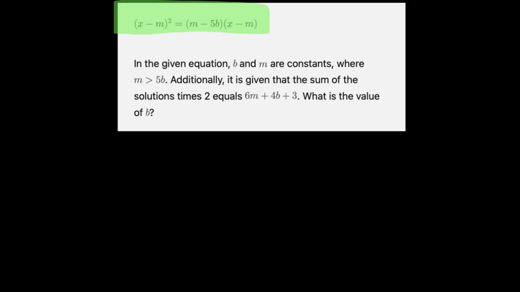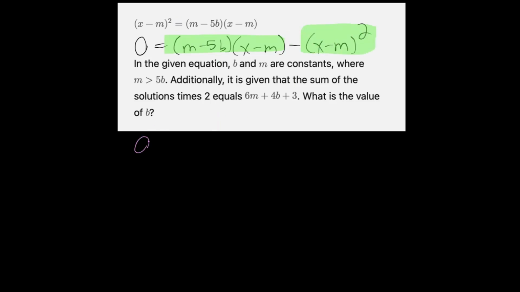So here, let's do our method. Let's get everything on one side equal to 0. And so we can say 0 is equal to everything that we already had on the right minus the x minus m squared that came over from the left. Now we have two terms, and they both have a factor of x minus m.